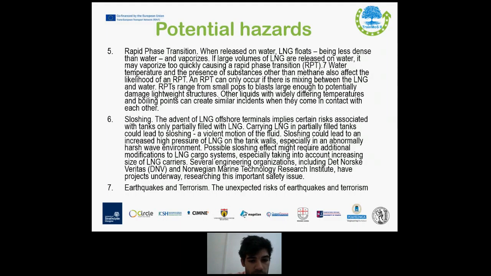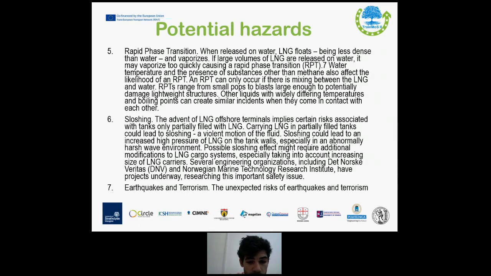Moving to the sloshing potential hazards, where the advent of LNG offshore terminals implies certain risks associated with tanks only partially filled with LNG. Carrying LNG, in particular in partially filled tanks, could lead to sloshing, a violent motion of the fluid. Sloshing could lead to an increased high pressure of LNG on the tank walls, especially in an abnormally harsh wave environment.